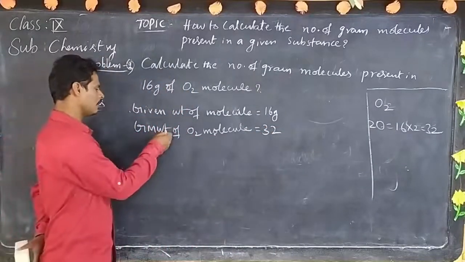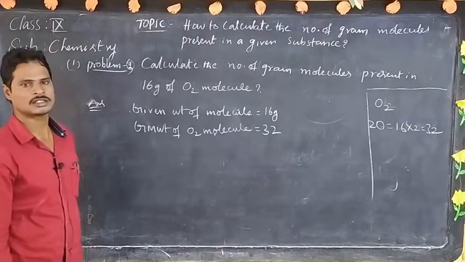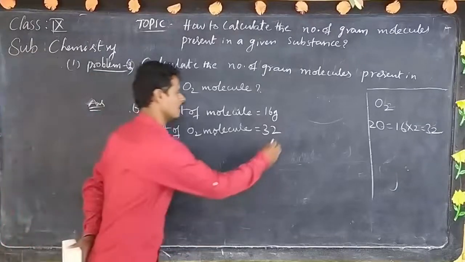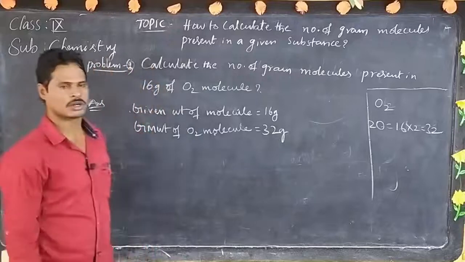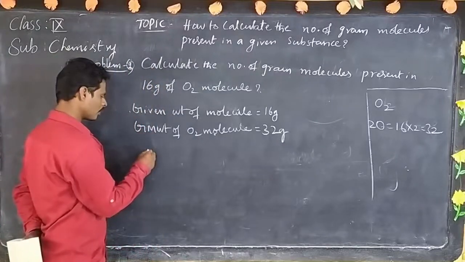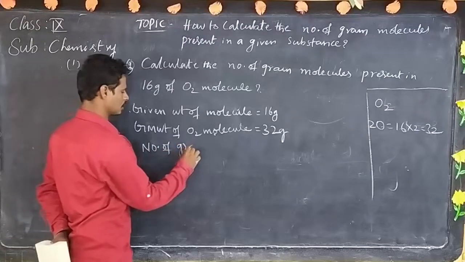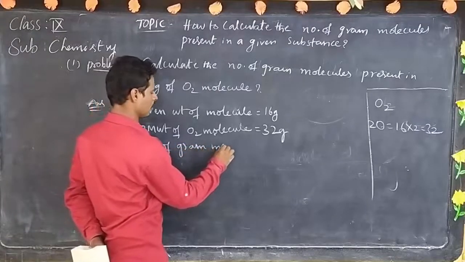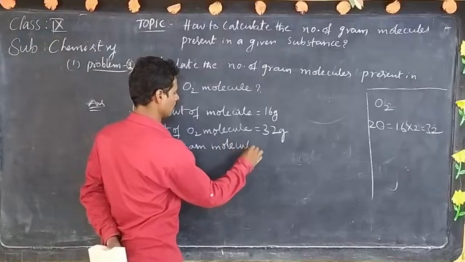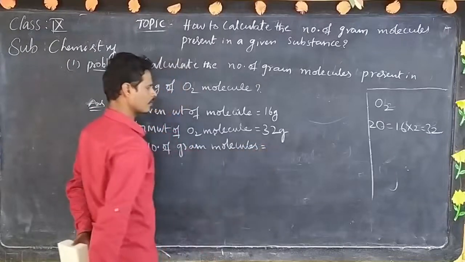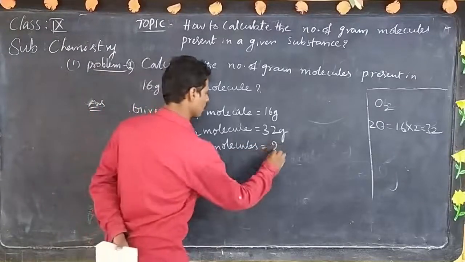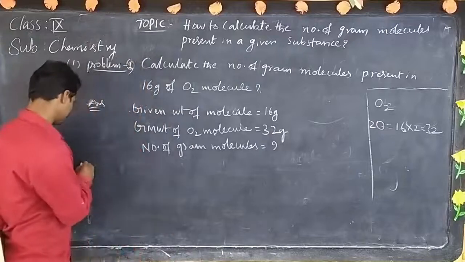Molecular weight expressed in grams is called gram molecular weight. That's why we should write 32 grams. Next, which one do I have to calculate? Number of gram molecules, question mark.